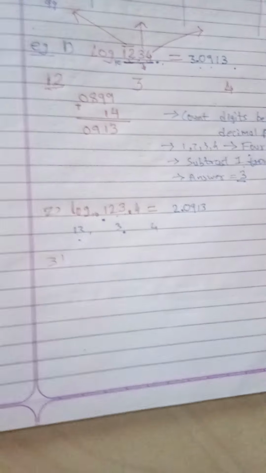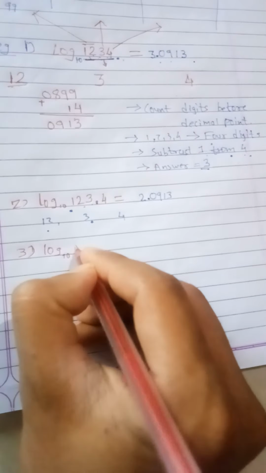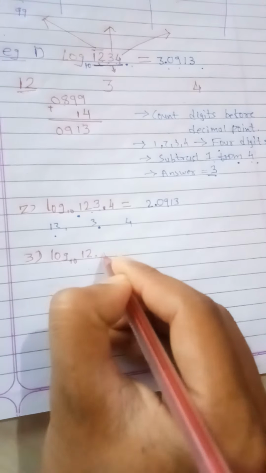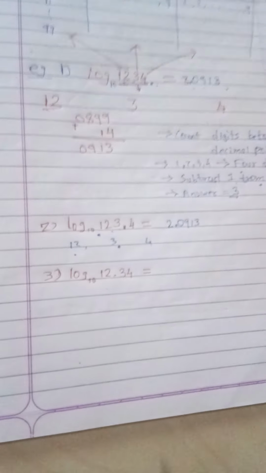Another example. Same number I am taking, but just the decimal point is changing. Now 12.34. So again the same procedure.